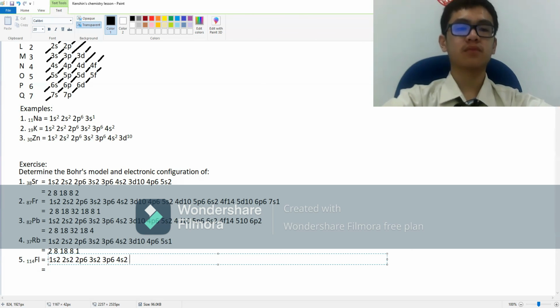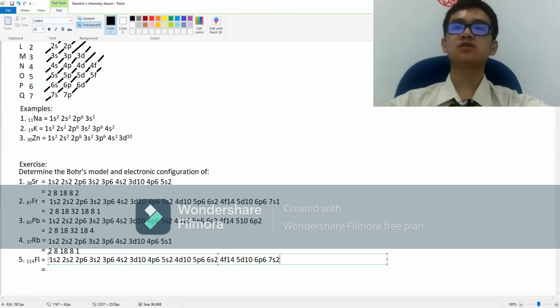And then it's 3d10, 4p6, 5s2, 4d10, 5p6, 6s2, 4f14, 5d10, 6p6, 7s2. The 7s1 is 87, and 7s2 is now 88.